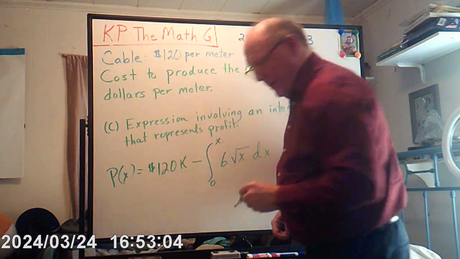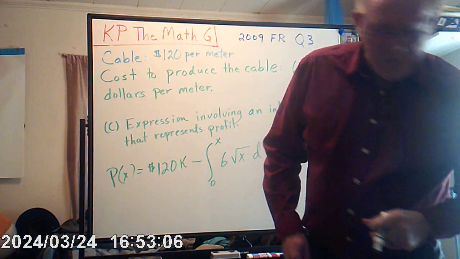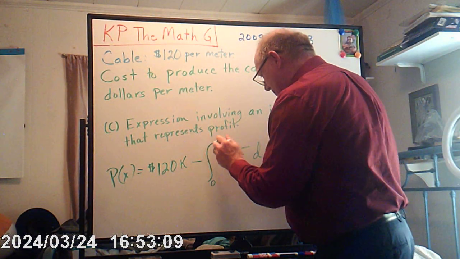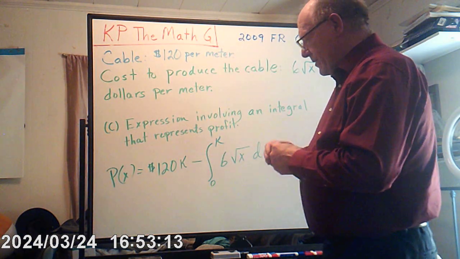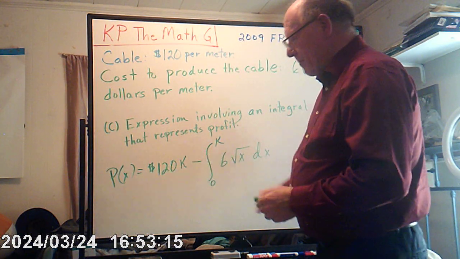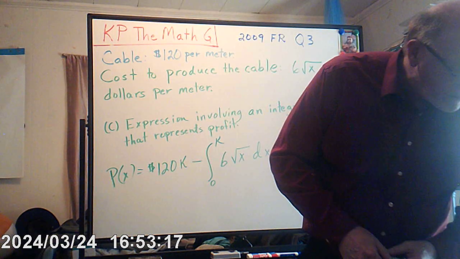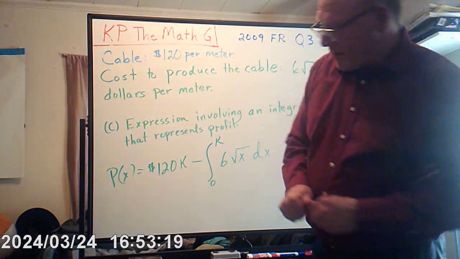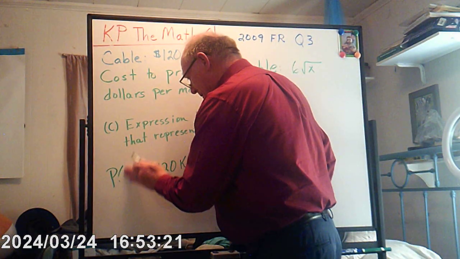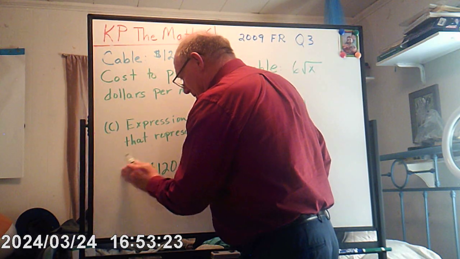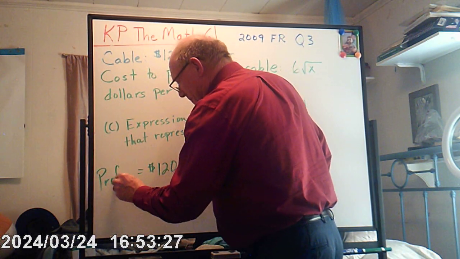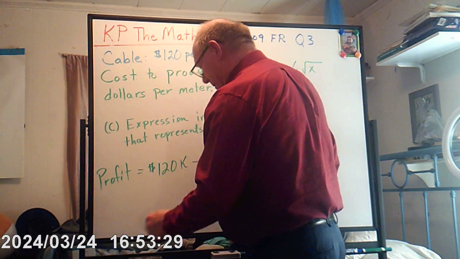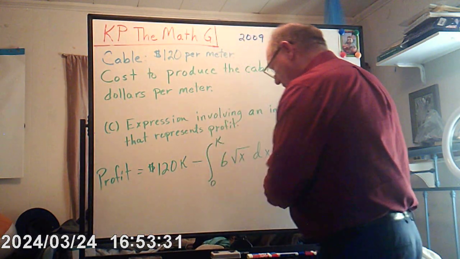That needs to change there, and the k is up here as well, of course it is. So that's a general function that is related to profit. Probably we could say P, but anyway, profit. Now that's the profit equation.